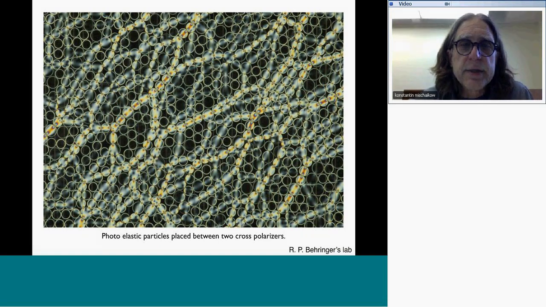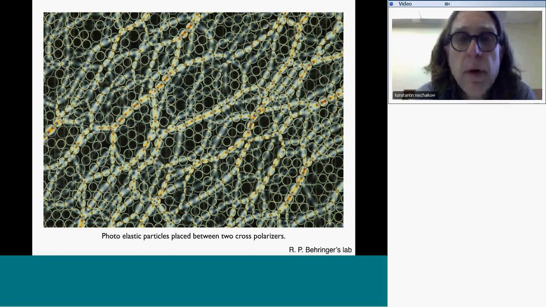Those are photoelastic disks, with light shone through them, and the photoelasticity means that when you compress the disks, you get nice diffraction patterns. This is where you see a lot of the colors, the indication that the disk is being compressed.